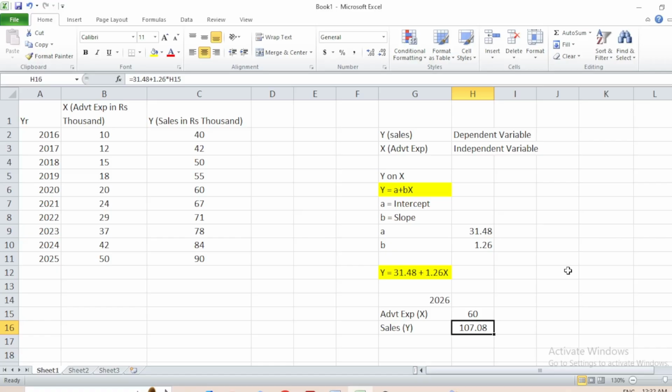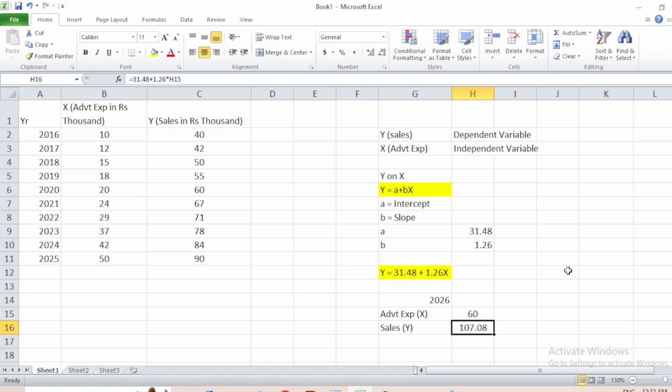So this gives you a prediction about the future on the basis of which you can plan for the inventory, for the workforce that you will require, the amount of capital that would be needed. You can also plan about the logistics, about the sales points through which the sales are being generated. So all this planning can be done in advance if we are able to find out the estimated sales.